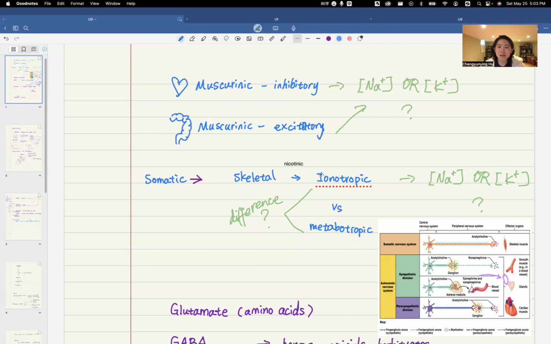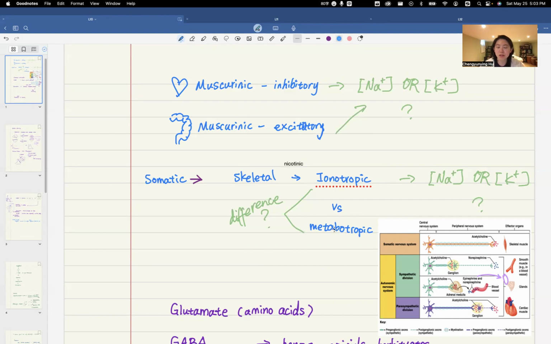The difference is that with the ionotropic receptor, the acetylcholine binds to the receptor, and the channel is the receptor. It doesn't require a GDP to move to another enzyme and then signal the channel on the membrane to open up. So for ionotropic, the receptor is the channel.